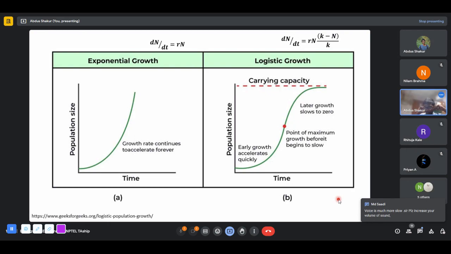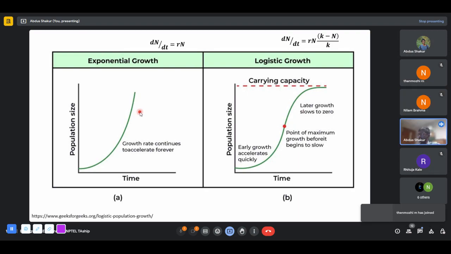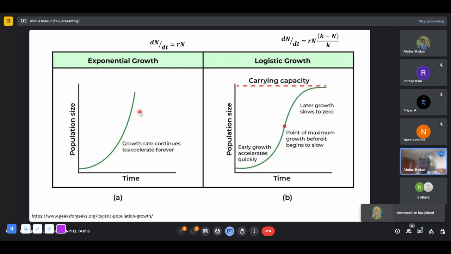Especially with populations, you try to understand how the population changes across time. So we generally try to plot growth curves. Generally there are two types of growth curves that are described: one is exponential growth, and the other is logistic growth.